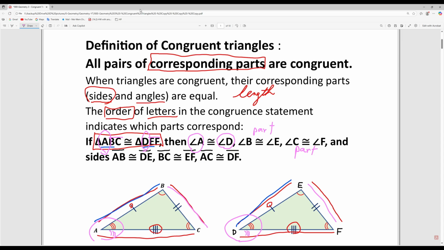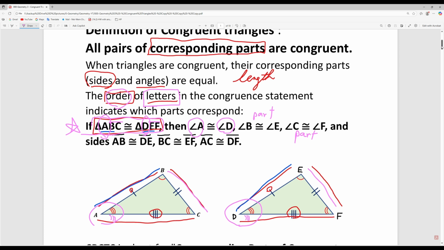Okay, so each part equals which one? All decided by the order when you write down congruent triangles. So the order of the letters is very, very important. That's the first thing you want to pay attention to. Okay, keep going.